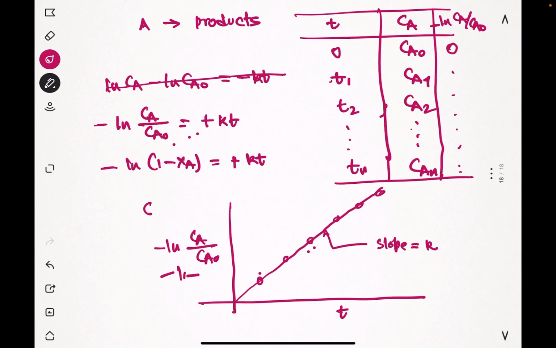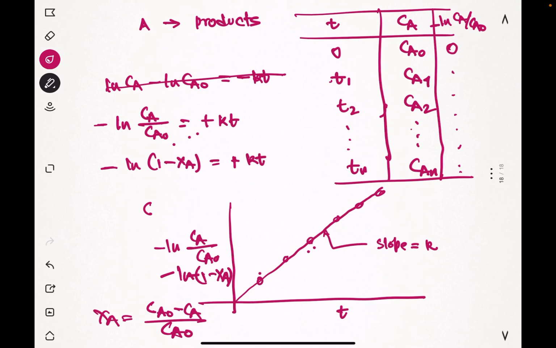And we will get the same when we plot negative ln 1 minus XA. To find XA, we'll be using the equation for XA, which is... so we need one more column here, and we can calculate XA, and from there we can also test whether we get a straight line or not.